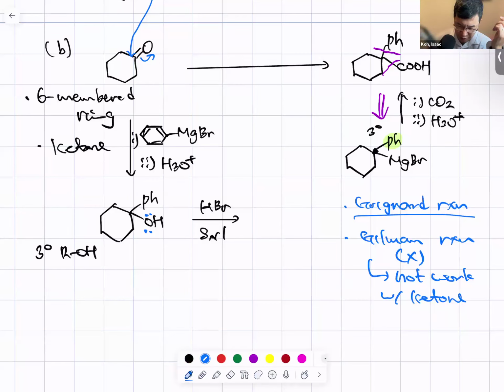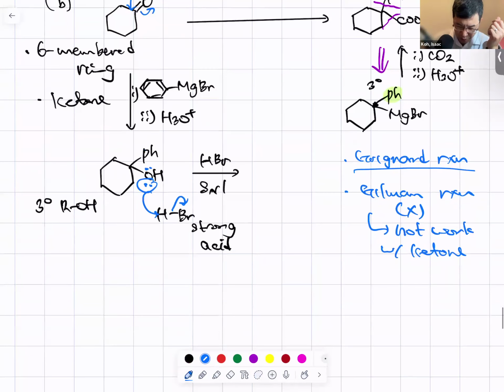So hydrobromic acid, right there, this is a strong acid. It'll be protonated. It'll be protonated first, making it into a good leaving group. This is a good leaving group.